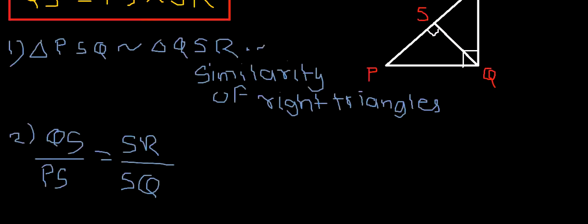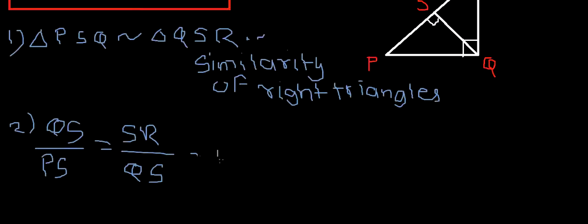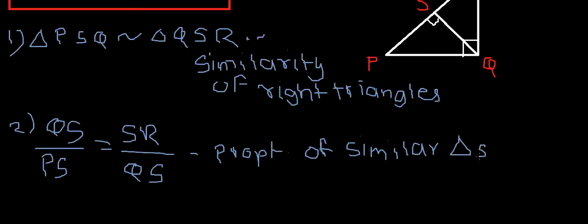So I will write QS equal to QS from property of similar triangles. PROPT is the short form of property.